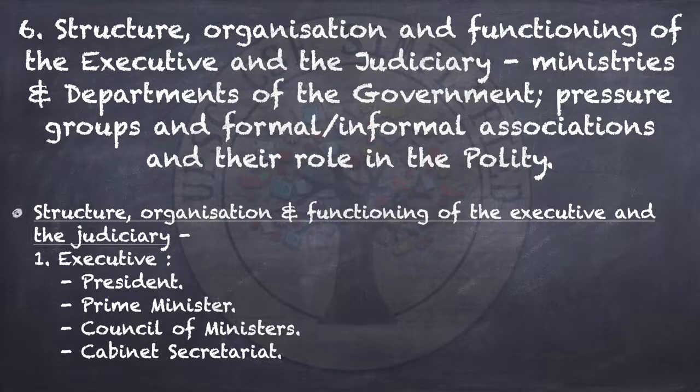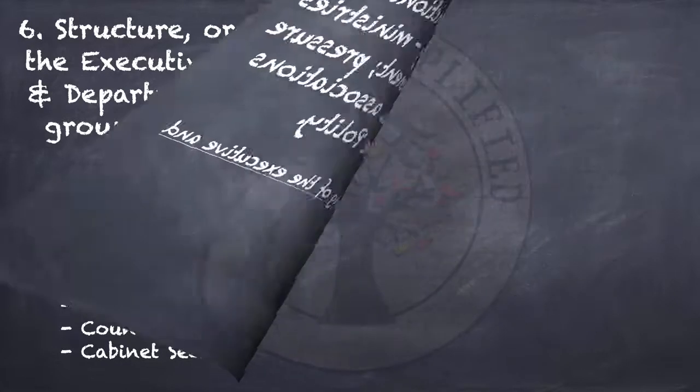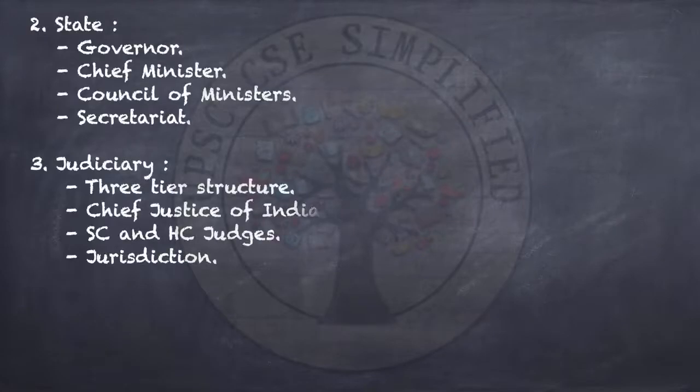First is the executive, in which we will study the President, Prime Minister, Council of Ministers, Cabinet Secretariat. Talking about the state, we will talk about the Governor, the Chief Minister, Council of Ministers and the Secretariat. Moving towards the judiciary, we will talk about three-tier structure, Chief Justice of India, Supreme Court and High Court judges and their jurisdiction.